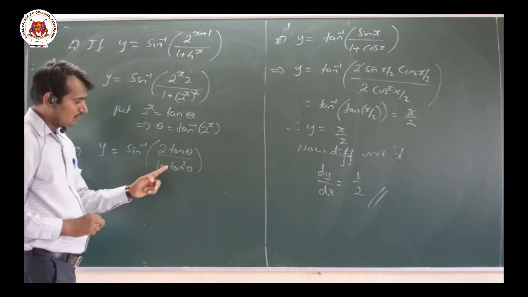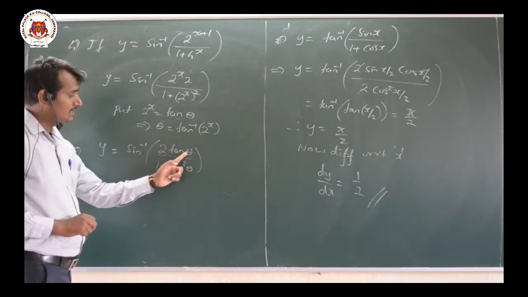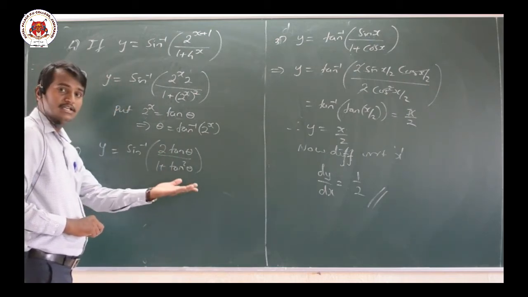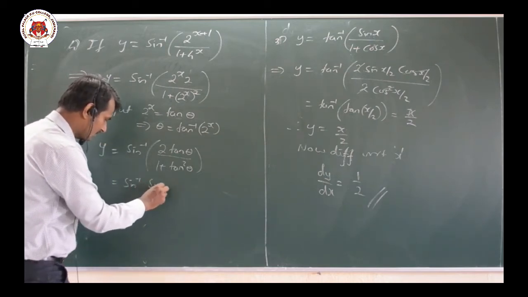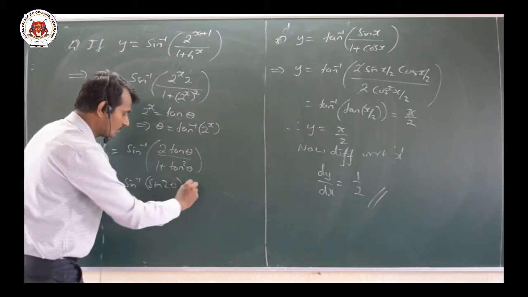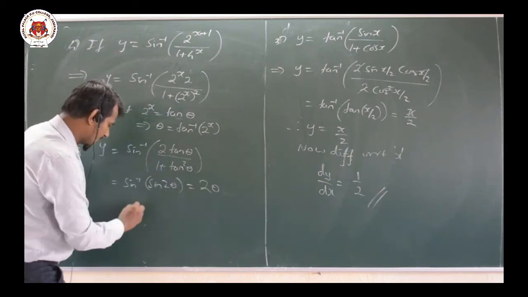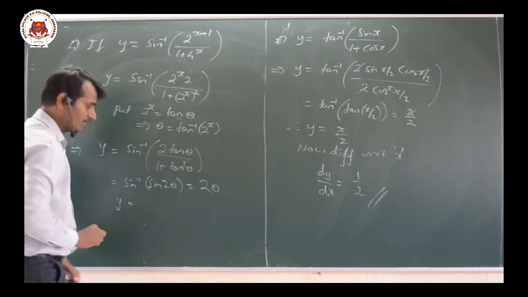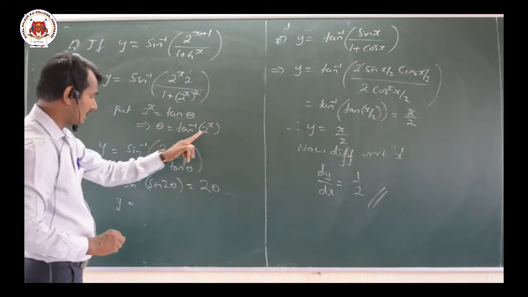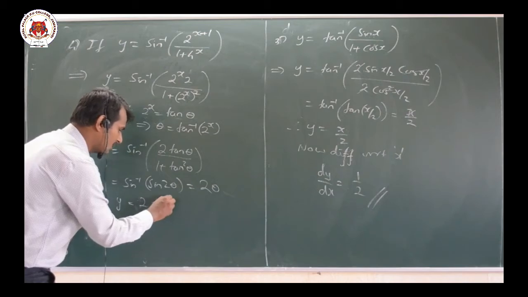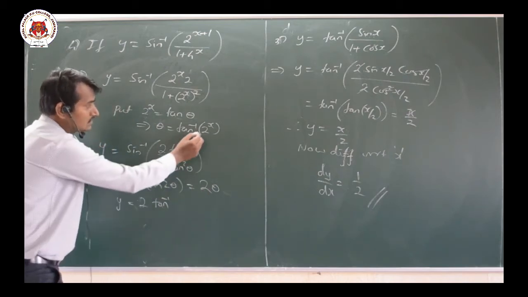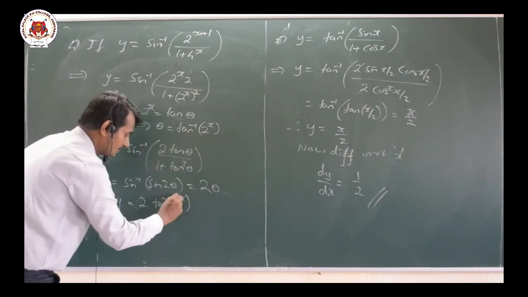What is the formula for this? 2 tan theta divided by 1 plus tan square theta is nothing but sine 2 theta, so sine inverse of sine of 2 theta. So what is the answer? 2 theta. Now y is equal to 2 tan inverse of 2 raised to x.